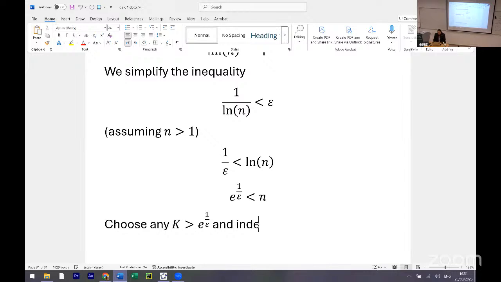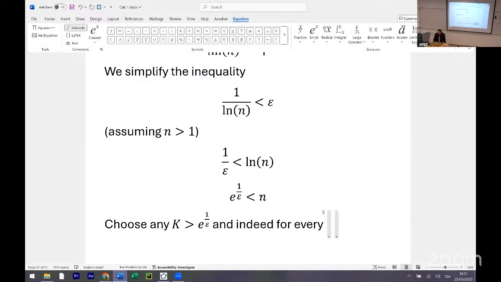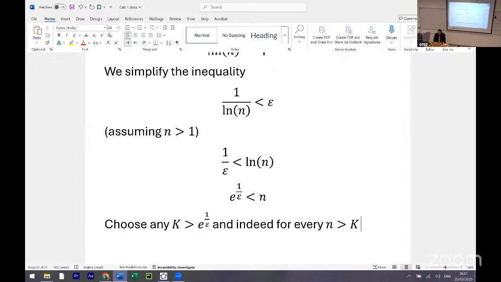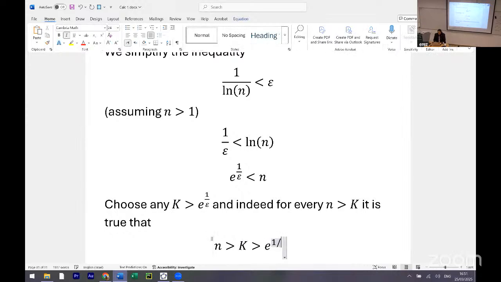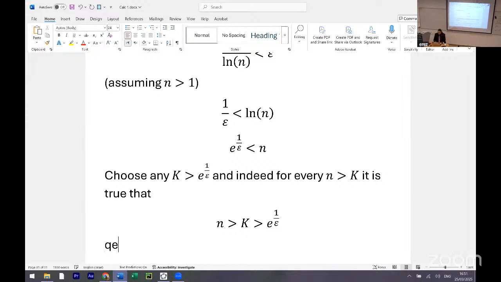And indeed, for every n larger than k, it is true that n is larger than k, larger than e to the power of 1 over epsilon, which is exactly what we needed. Great.